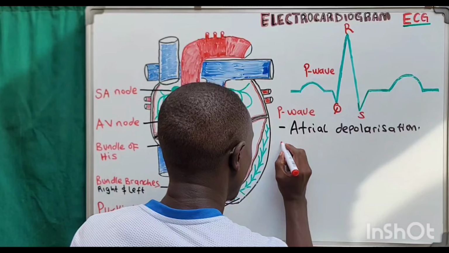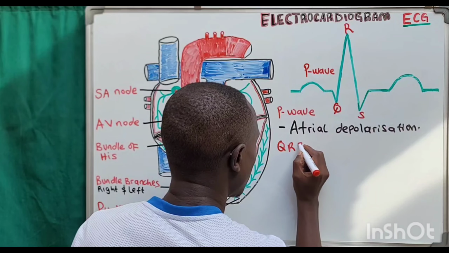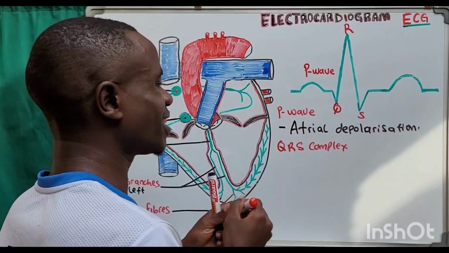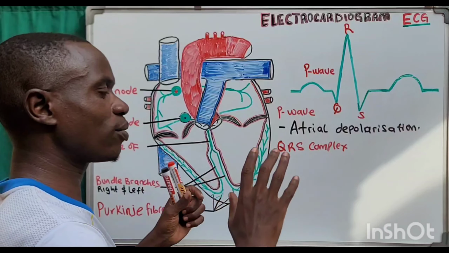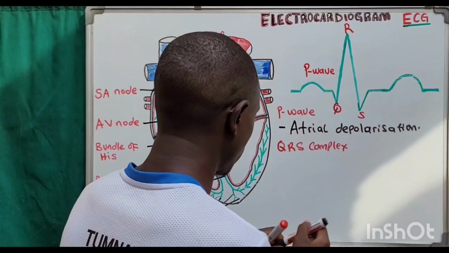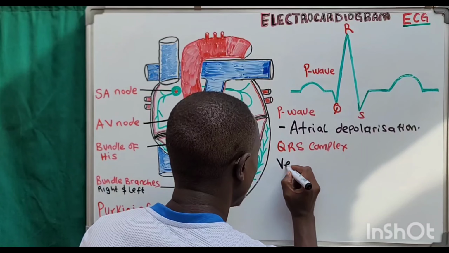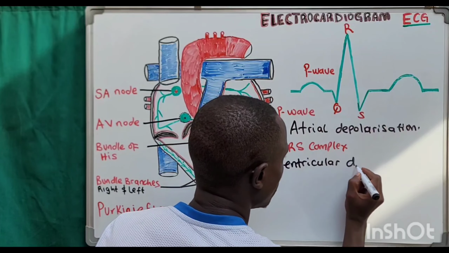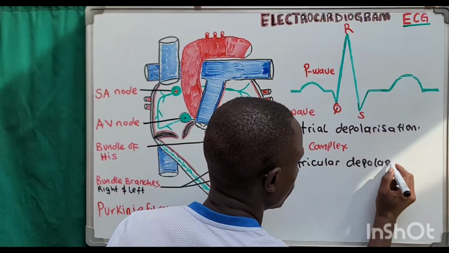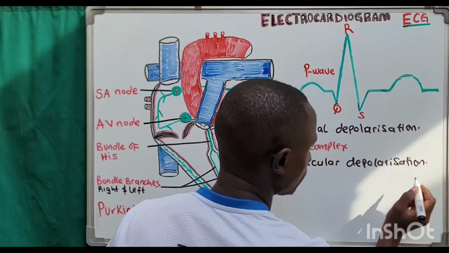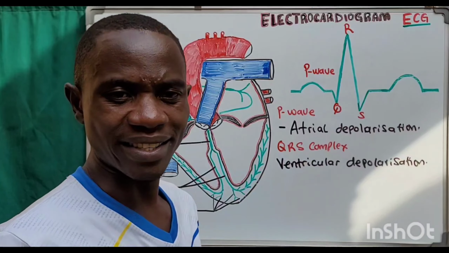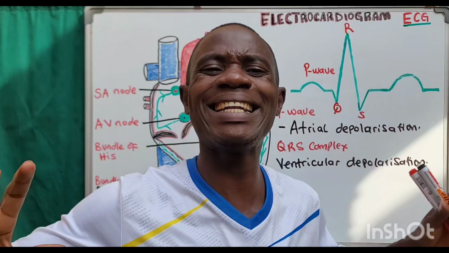Okay, so this QRS complex tells us that the ventricles are now depolarized. Okay, it tells us ventricular depolarization. Okay.